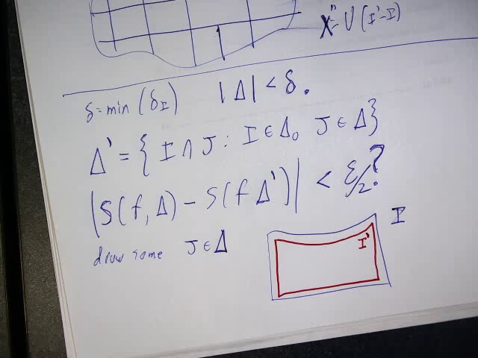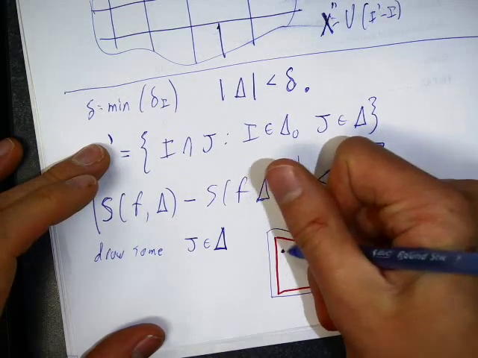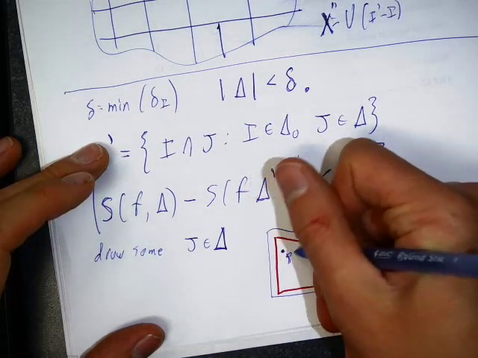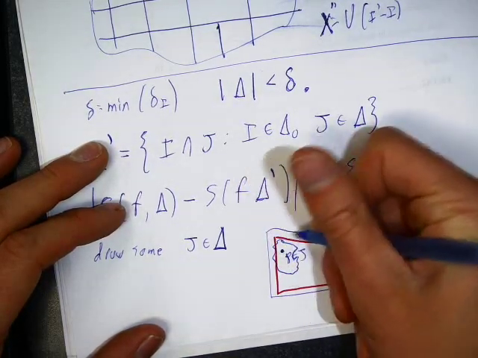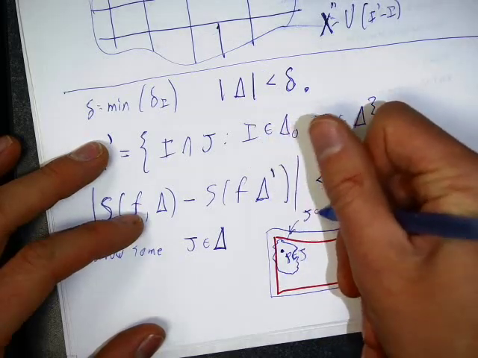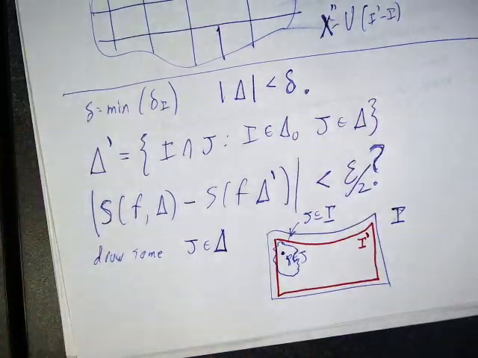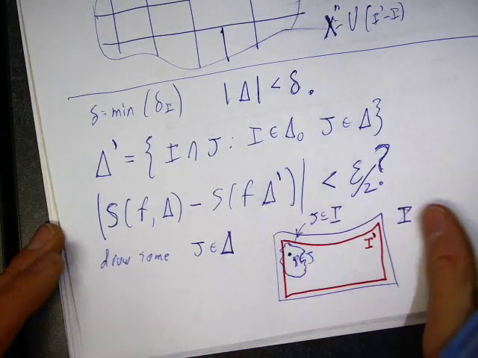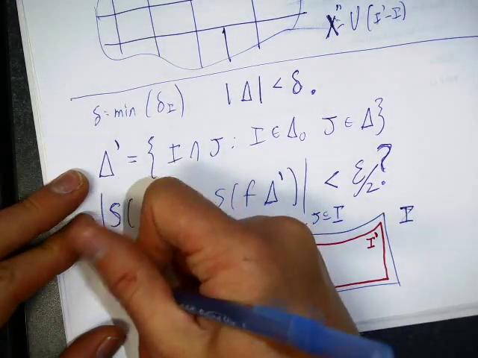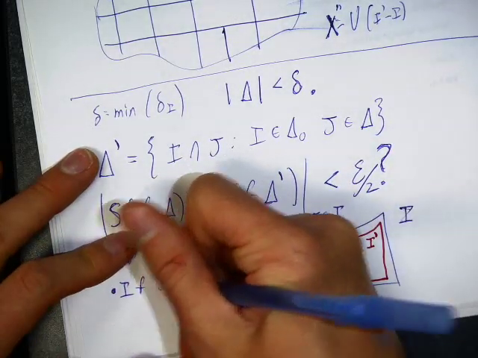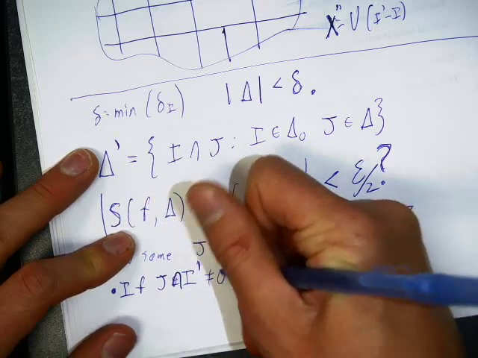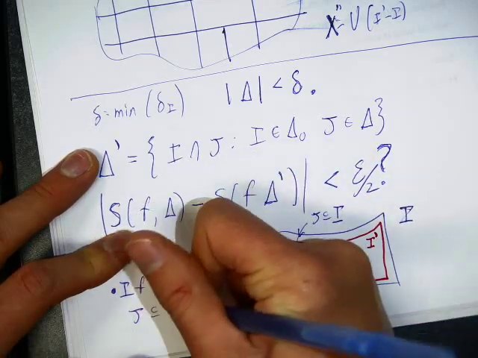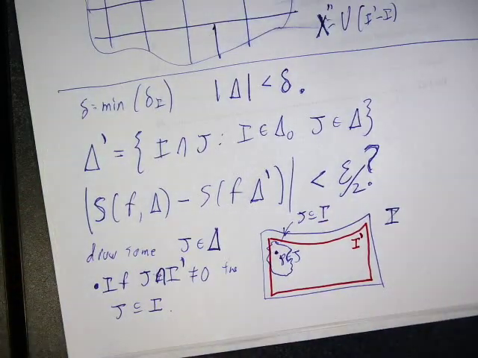That sounds familiar from last time. So if there's a point p in j that happens to be inside of I prime, then I have no idea what j looks like, but I know that j is contained in I. So if j intersect I prime is not empty, then j is a subset of I. But what's the point?